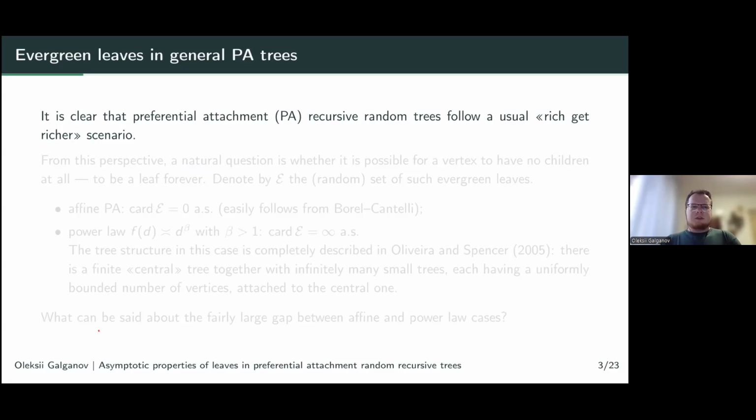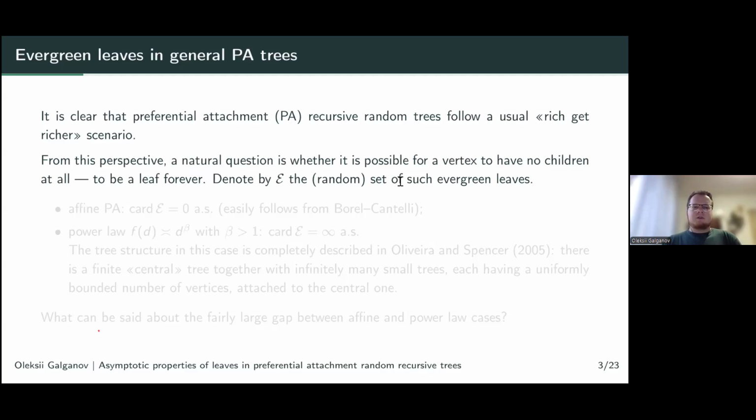The first thing, which is obvious from the behavior of these recursive random trees, is that they follow this rich-get-richer scenario, which was just mentioned. If there is a vertex which has a lot of children and we are not dealing with the uniform case, then in each step this vertex is more likely to get some new children and get more and more vertices attached to it.